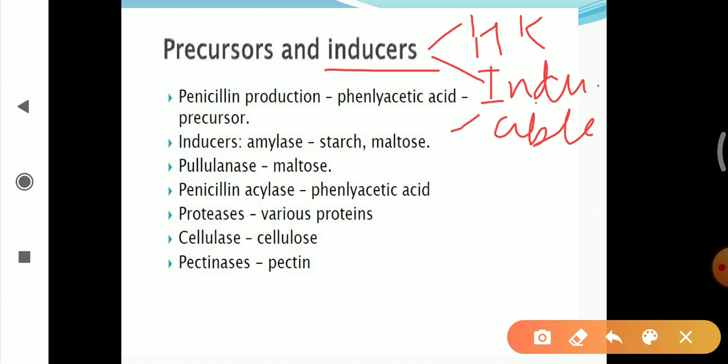Whereas inducible enzymes get induced only by a particular substrate. When we add that substrate, then and only then will they be induced.